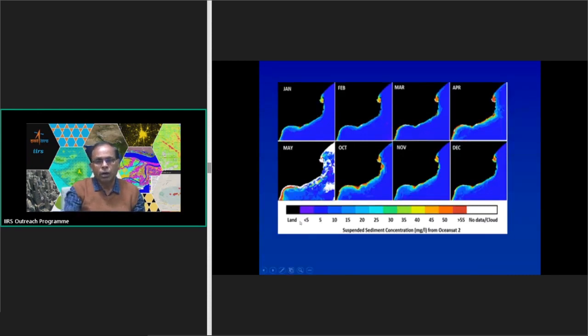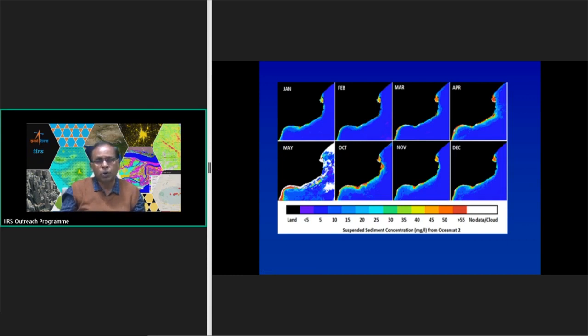So this is the 5-year climatology of the suspended sediment concentration of Kakinada coast from OceanSat-2, prepared taking the data sets from OceanSat-2. It covers January, February, March, April, May, and June; July and August are left out because of the cloud cover, since it is the monsoon season.